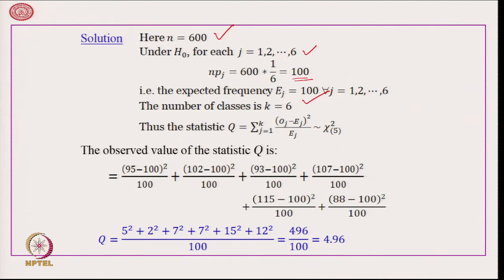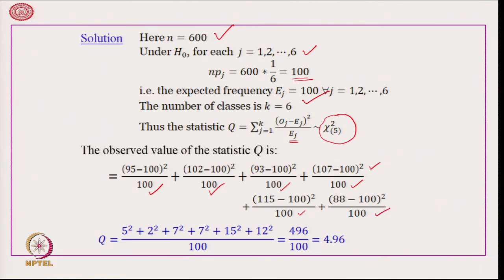Therefore, the statistic is going to be the sum over j is equal to 1 to k of (Oj minus Ej) whole square upon Ej, and we know that this is going to be chi-square with 5 degrees of freedom. Now, let us compute the value of the statistic. Therefore, it is (95 minus 100) whole square upon 100, (102 minus 100) whole square upon 100, (93 minus 100) square upon 100, (107 minus 100) square by 100, (115 minus 100) square by 100 plus (88 minus 100) whole square by 100.